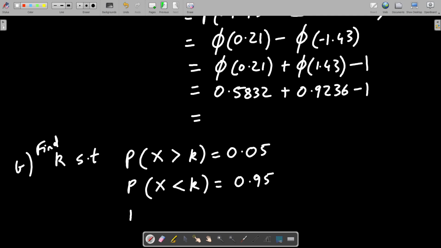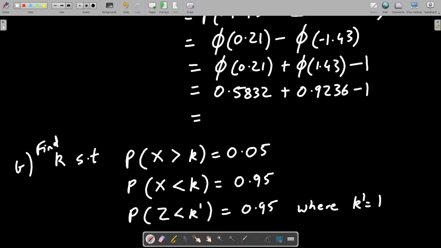So we'll write it in the same way as the previous one: K dash is less than 0.95, where K dash is equal to K minus 15.9 divided by 1.5.